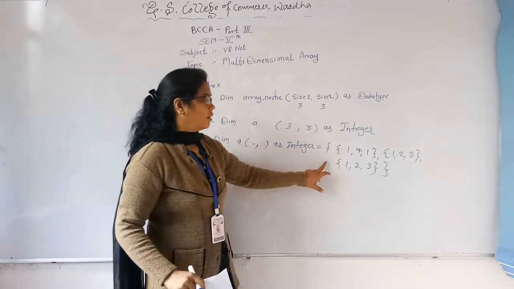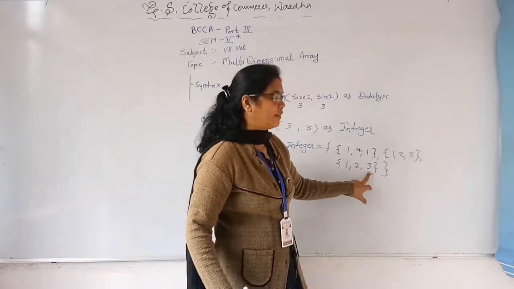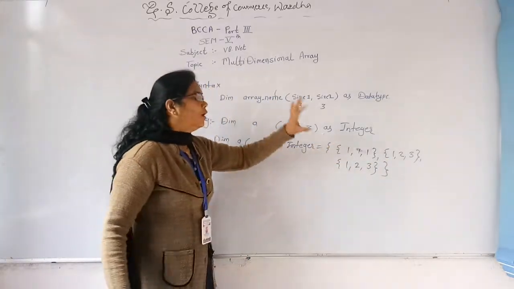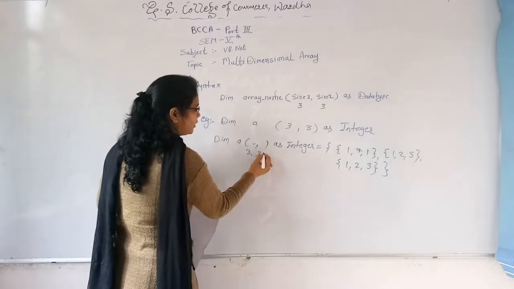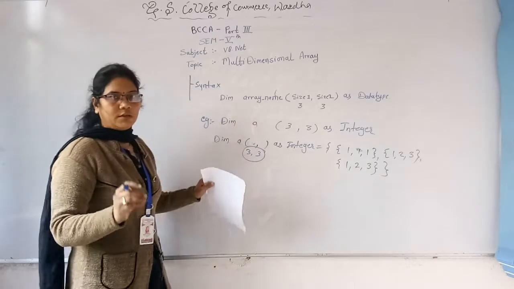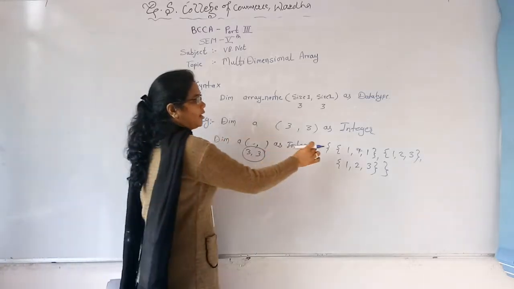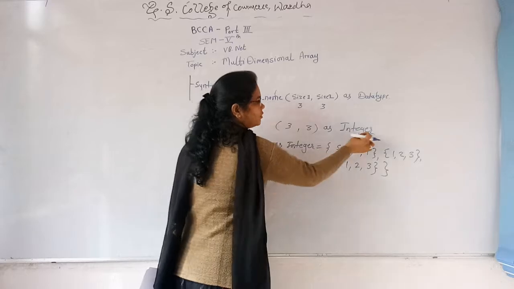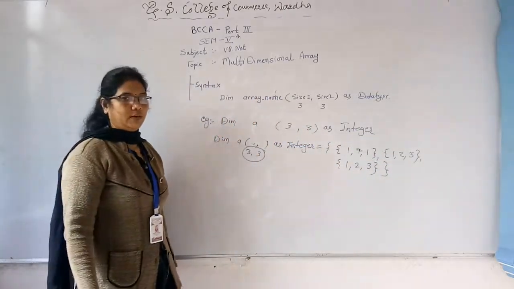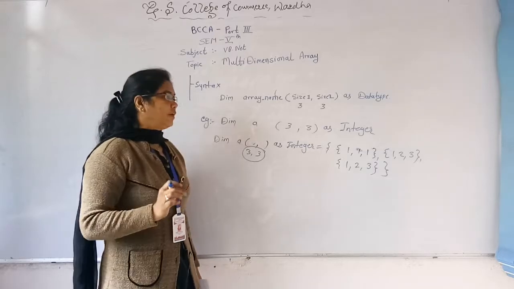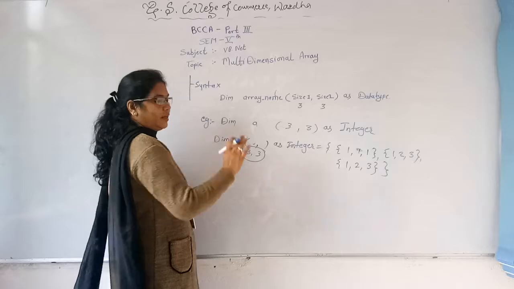It stores 9 elements, so it is a 3 by 3 matrix. Here we don't give the size of the array, but at declaration and initialization it creates the size automatically. This is the first way to initialize the elements in a multidimensional array.